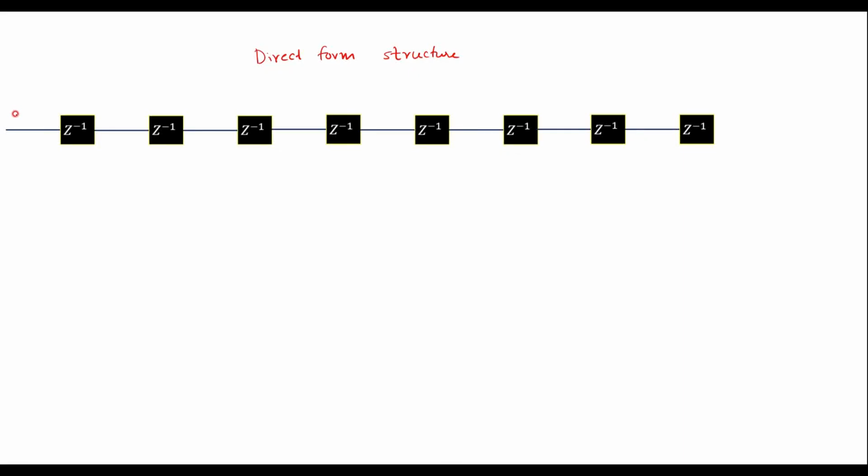So let this be x of n. This is x of n minus 1, x of n minus 2, up to x of n minus 6, x of n minus 7, and here the output is x of n minus 8. The coefficients of x of n and x of n minus 8 values are same. So I can take one adder here. Input to this is x of n minus 8.